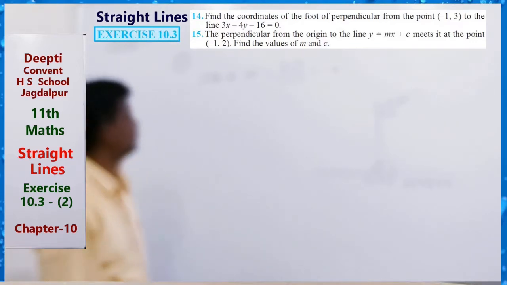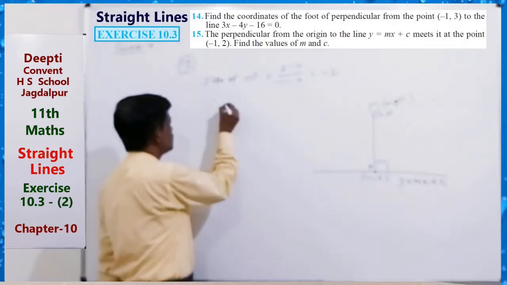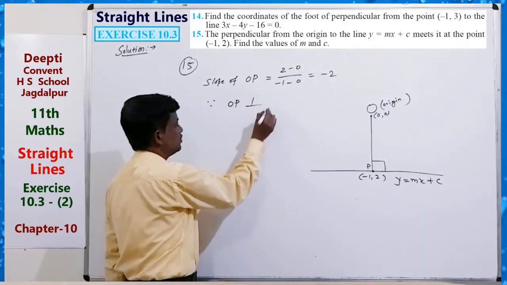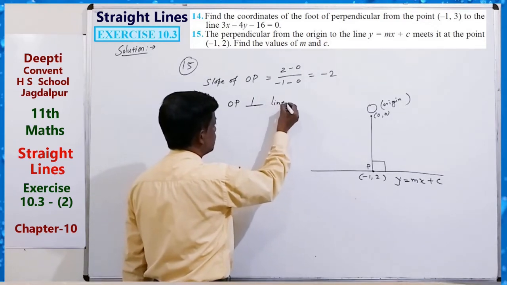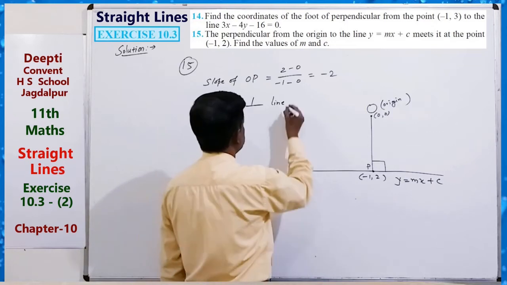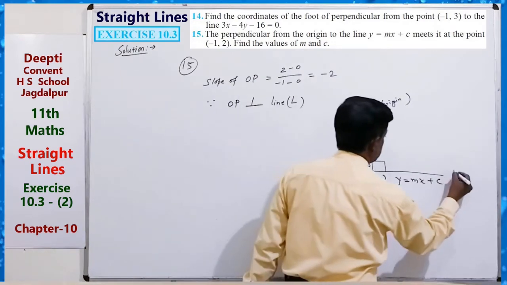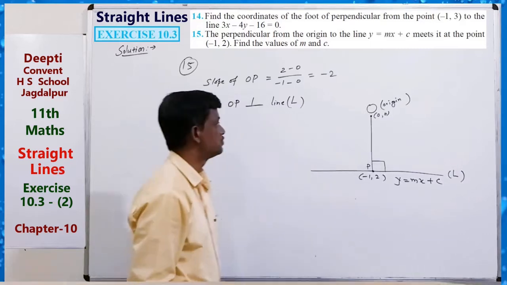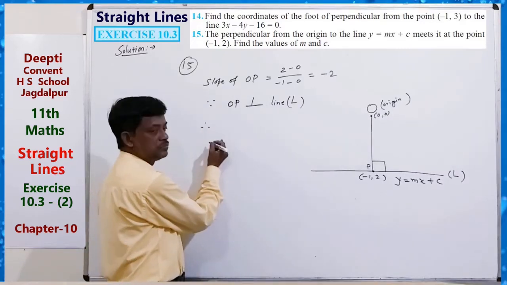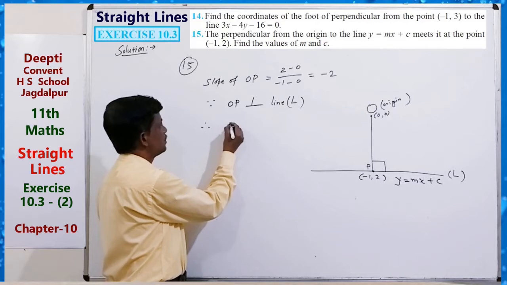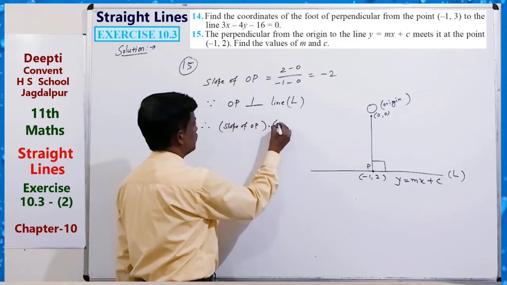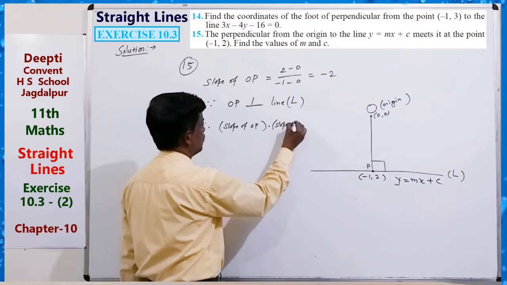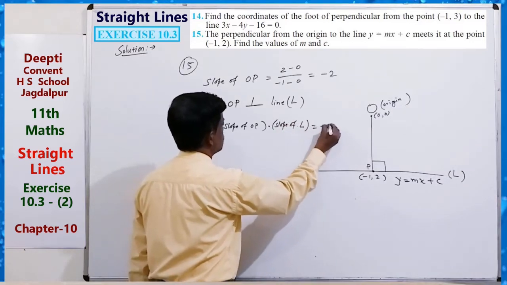Clear? Now, since OP is perpendicular to line L, slope of OP into slope of L is equal to minus 1.